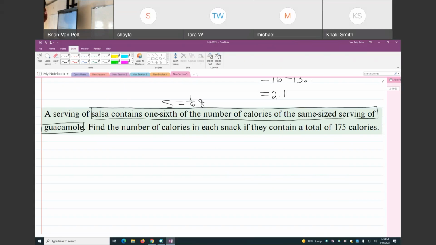Right, so I'm looking, well, actually, they're asking for the number of calories, aren't they? So I'm using S and G for the number of calories for salsa and guacamole. So it does say 1/6. S, salsa. Unfortunately, it spanned more than one thing, but there.